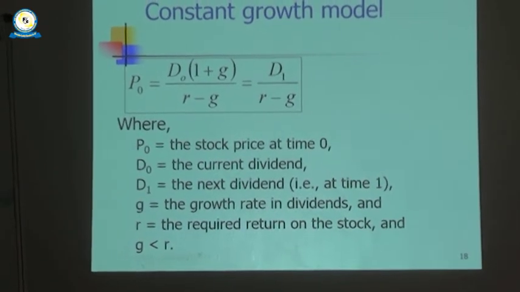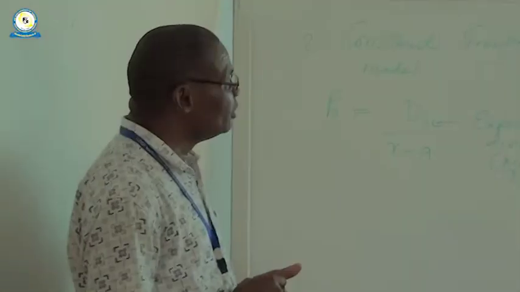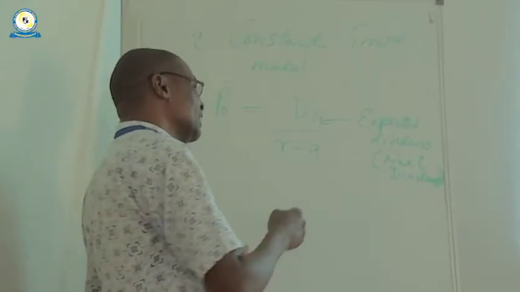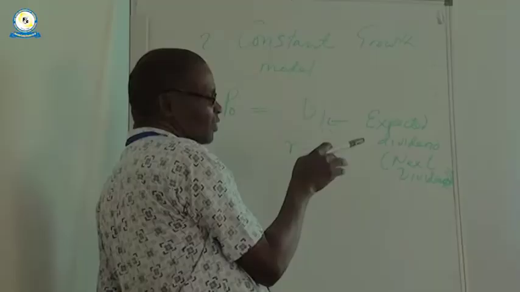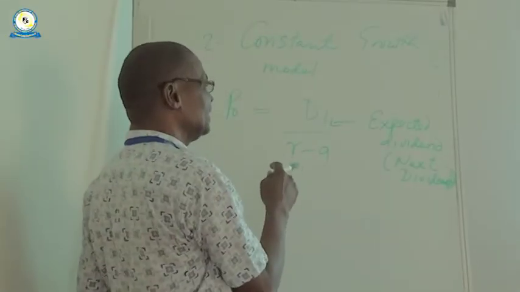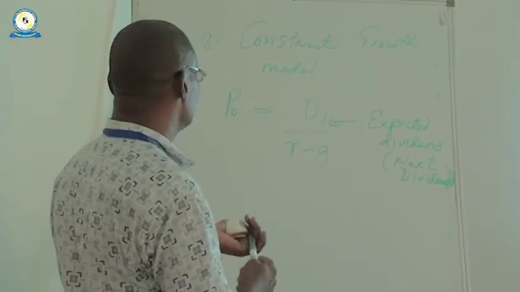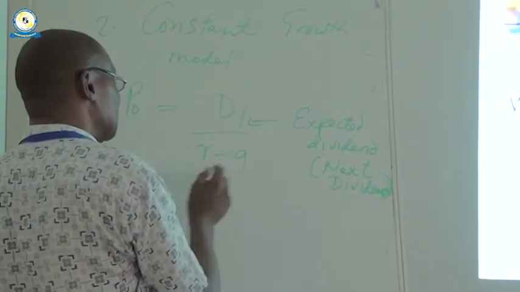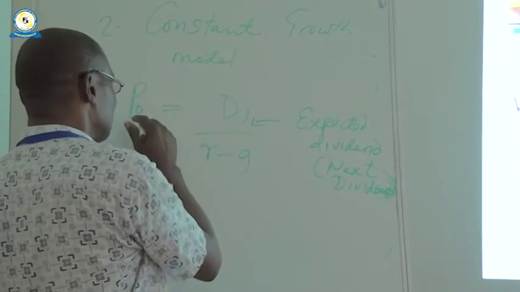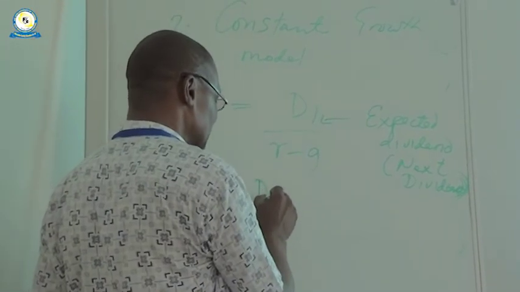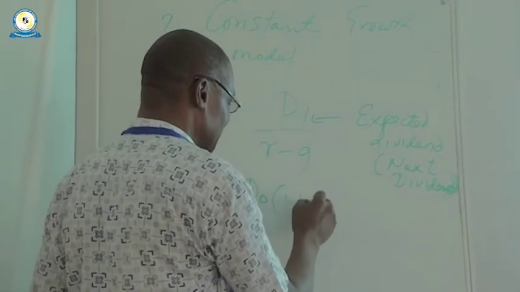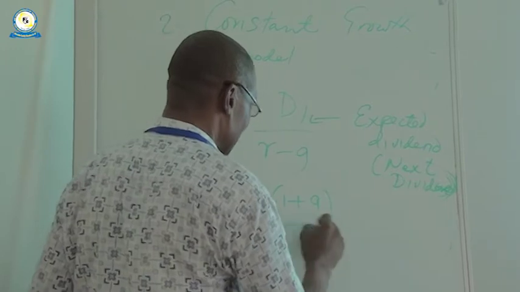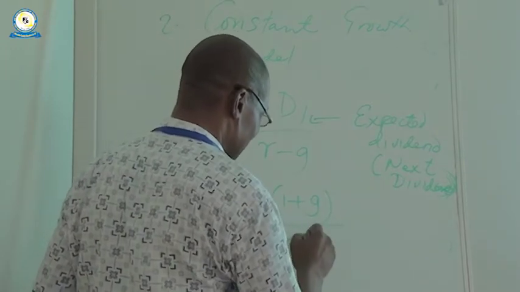So when you are given a question, make sure you differentiate between expected or next dividend and the current dividend. Now, if you are given current dividend, which is D0, you will say that P0 is equal to D0 times 1 plus G divided by R minus G.